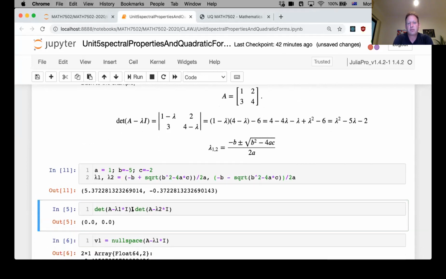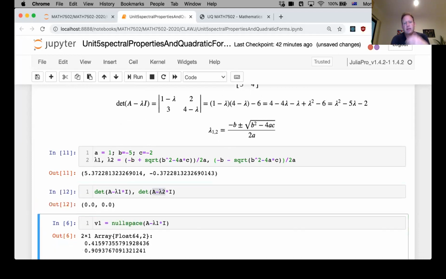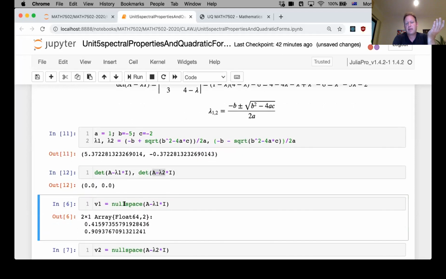So of course, if you do that, you've set those lambda 1 and lambda 2 such that the determinant of this B here and of this B here are each going to be 0. Okay, that was how we got the equation, okay? And you can use the nullspace function. Nullspace returns you a matrix whose columns are the null space of a matrix.